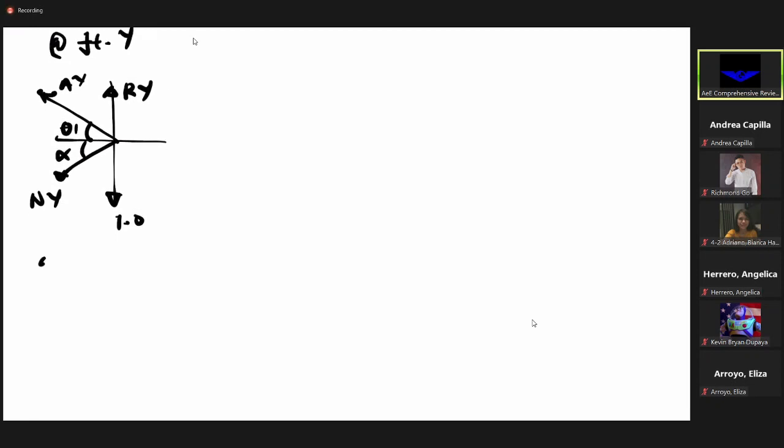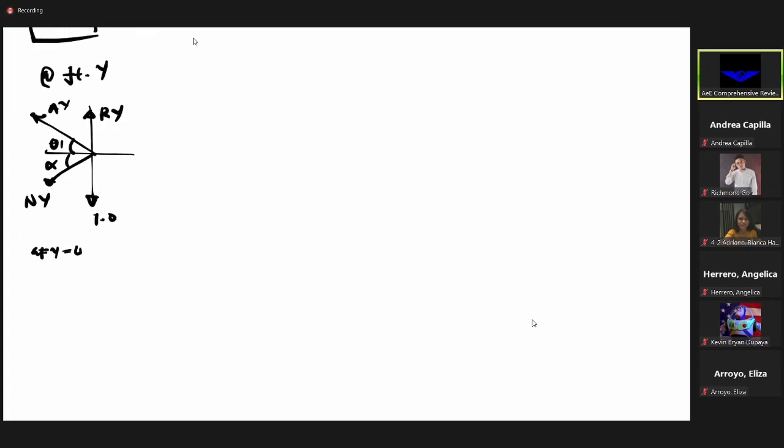So summation forces Y is equal to 0. Meron tayong RY positive minus 1.0 minus sine alpha NY plus sine theta sub 1 AY is equal to 0. Okay? Yung RY mo is 0. So meron kang dalawang unknown, NY and AY.